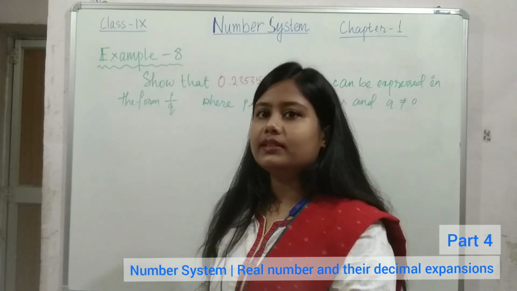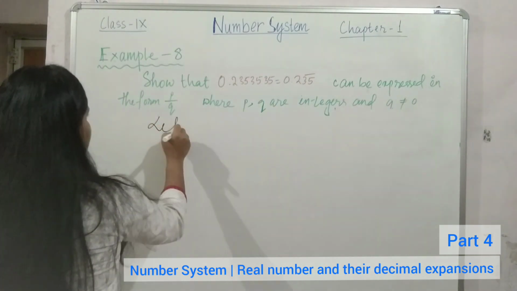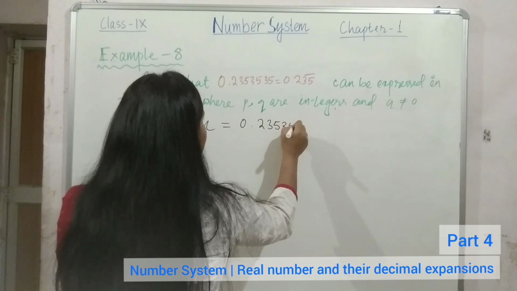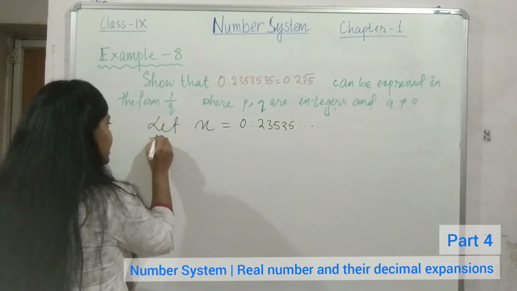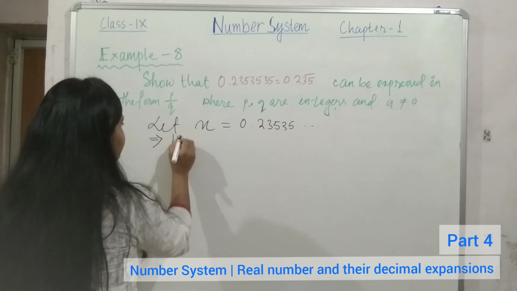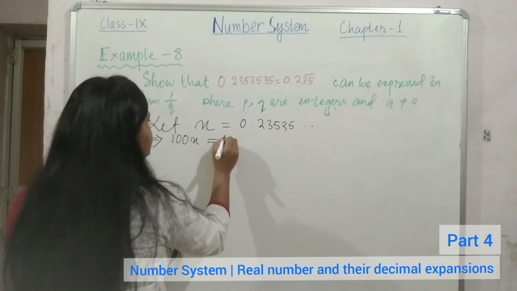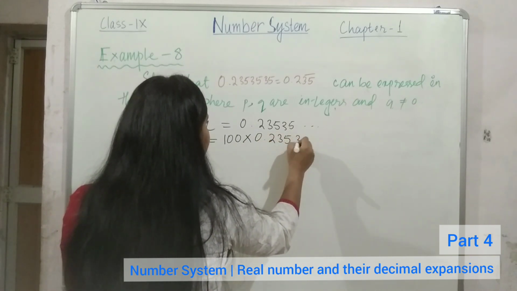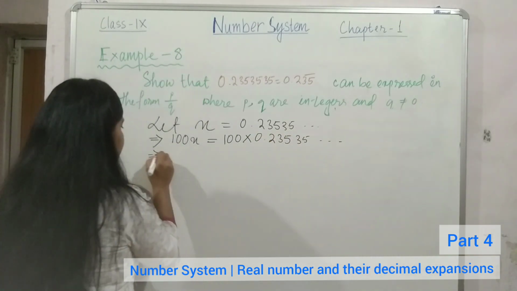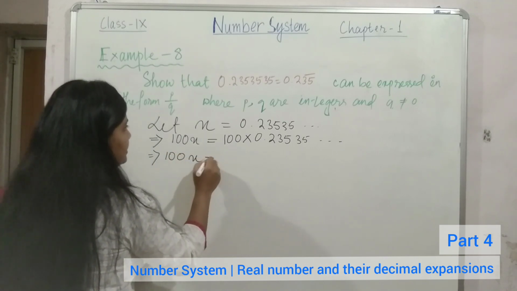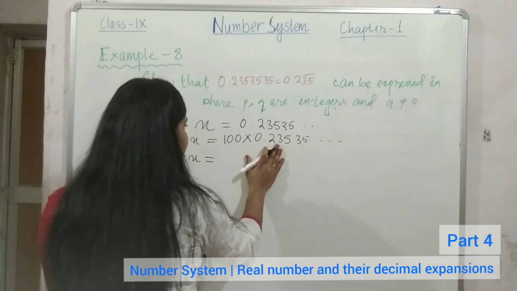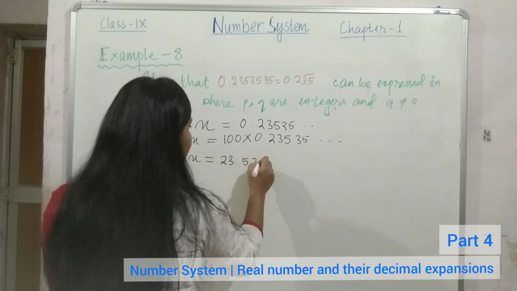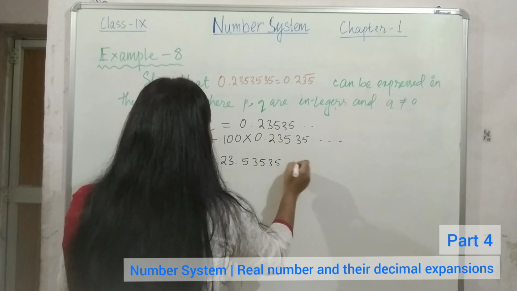First of all, let us consider x equal to 0.23535..., and we will multiply by 100 in the second step. So 100x becomes 100 into 0.23535... If I multiply 100 with this decimal number, it becomes 23.53535..., and it will go on.